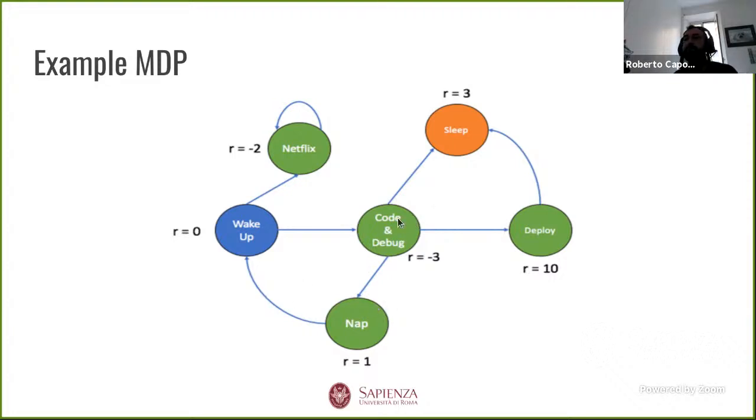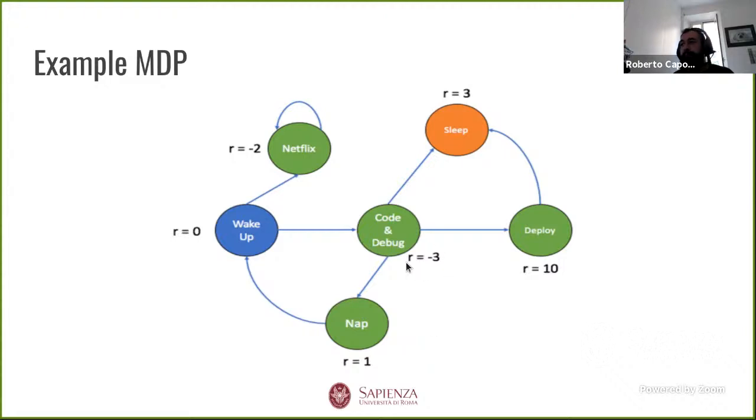So if we just exploit, the agent will always continue to do NAP, wake up, go code and debug, and NAP and again. So the sum of the accumulated rewards will always be decreasing, because here we have a -3, which is the smallest value that we get, which is dominating.